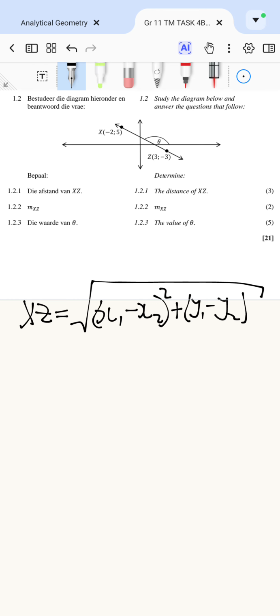Okay, let me maybe just make this comment quickly. This x and this y are going to be a coordinate. This x and this y are going to be a coordinate. Right, so let's substitute these quickly. x1, let's assume that is the first coordinate.